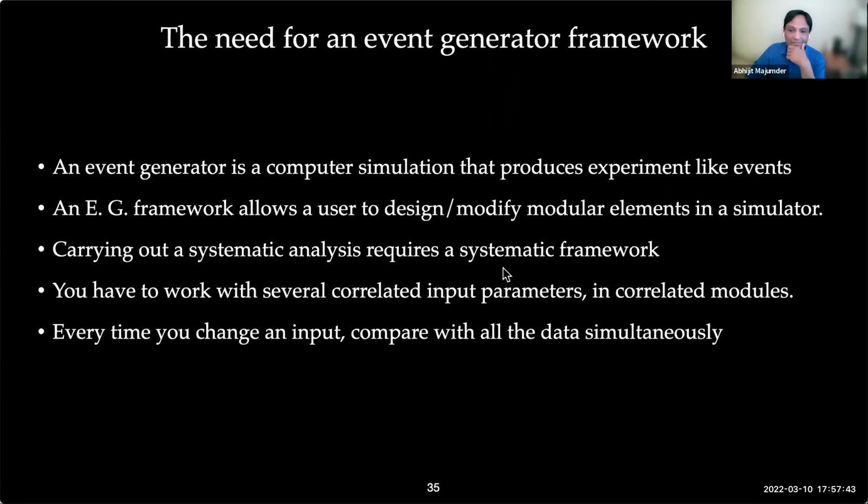Okay. And you could have many different correlated inputs. Many of these, if you increase Q hat, you might have to reduce something else. So all of these are correlated. And every time you change one input, you'll have to compare with a lot of data simultaneously.